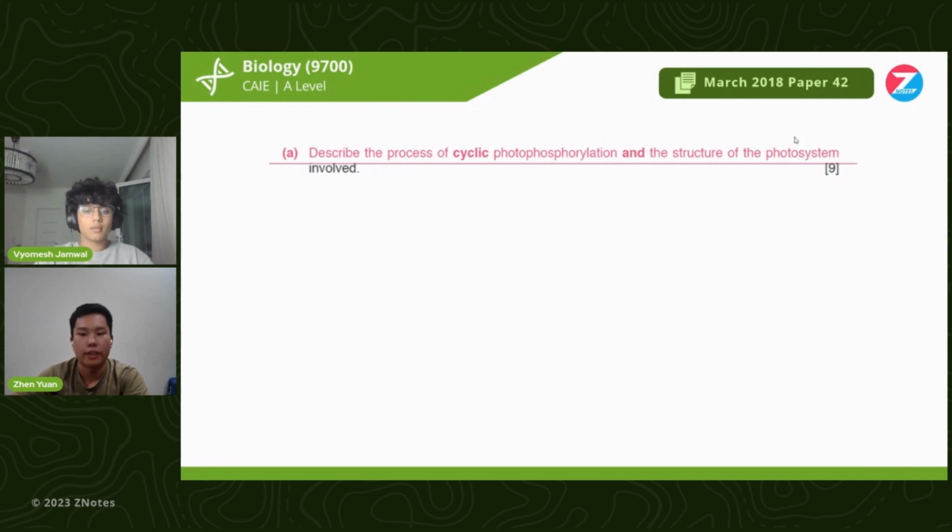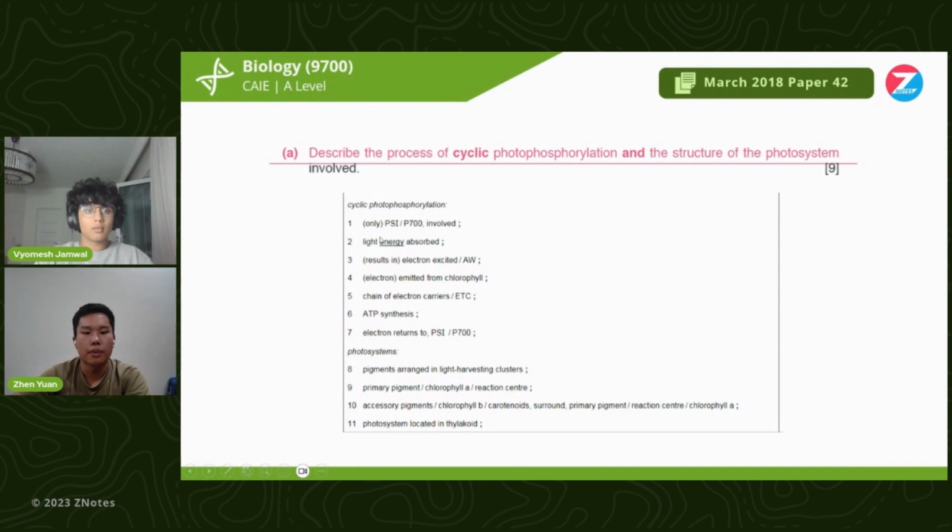So yeah, let's move on to the mark scheme. As I said before, your cyclic photophosphorylation includes only your photosystem 1, and what happens is your light energy is absorbed by your accessory pigments, and the light energy is transferred to your chlorophyll A in your reaction center, which results in your electrons in your chlorophyll A being excited and your electron emitted from chlorophyll A. And the electron goes through a chain of electron carriers, which is your electron transport chain, resulting in ATP synthesis by what we call chemiosmosis.